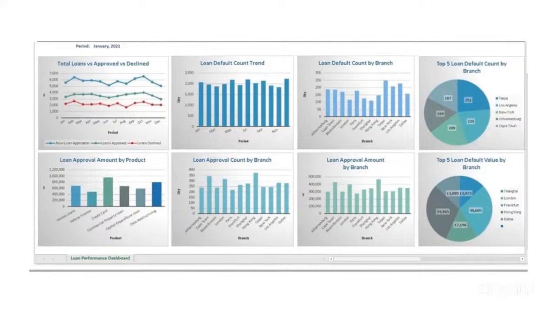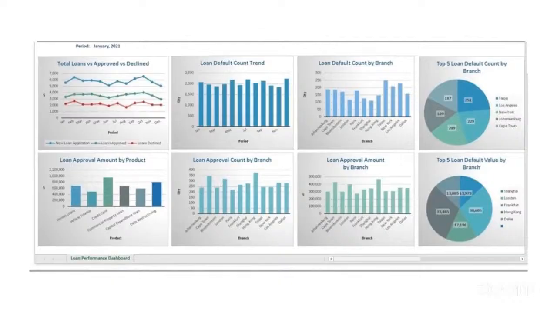Hi Sapna. I want to ask something here. This dashboard should be an interactive dashboard. Suppose I click on Jan and I want to see the total loans in the month of January.